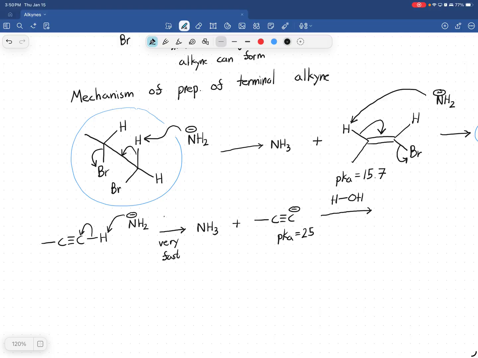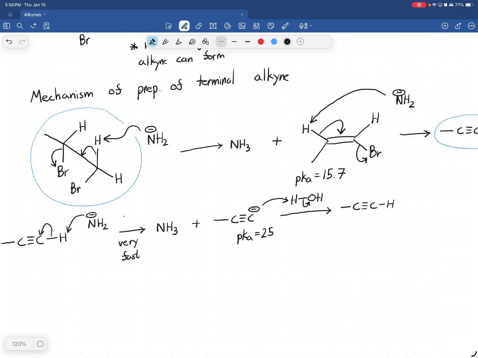Which one here is the stronger acid? Water. So it's going to donate its hydrogen, and that's how the alkyne gets reprotonated. So that's the purpose of the second step. So you get your alkyne. So it looks like a pointless step, but you just gotta believe me. If you don't do this, you won't get close to quantitative yield or complete conversion. So that's why you have to take that into account.